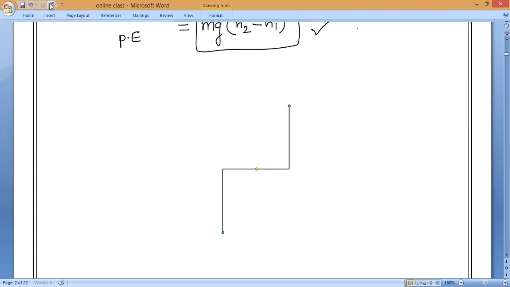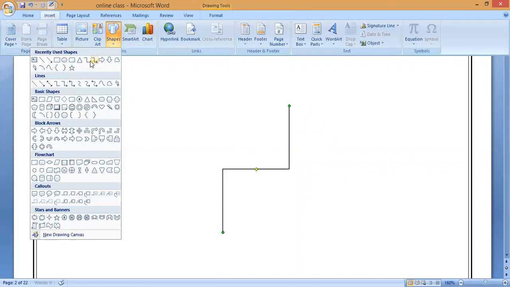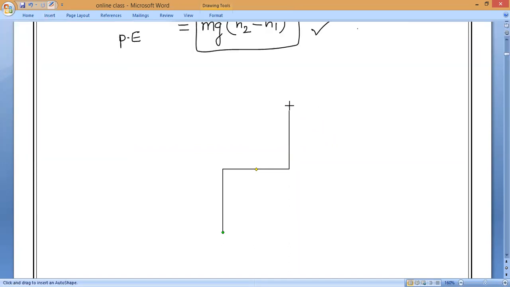Understand what is the statement I have given? Everybody? All of you, at least say yes or no. Yes, sir. The potential energy depends only on the initial and final position of the body, not the path followed by the body.